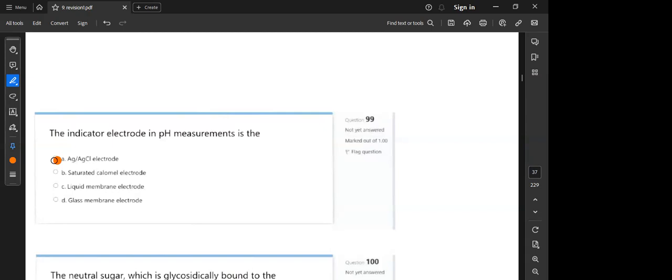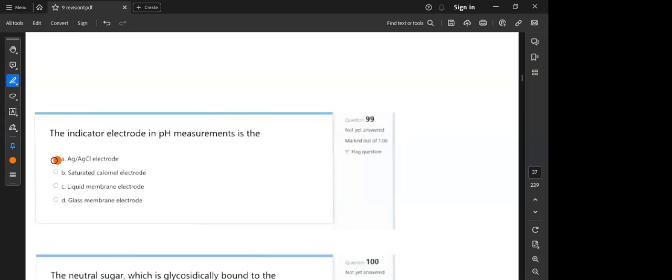The most widely used is a pH electrode which utilizes a thin glass membrane that is responsive to changes in pH activity.